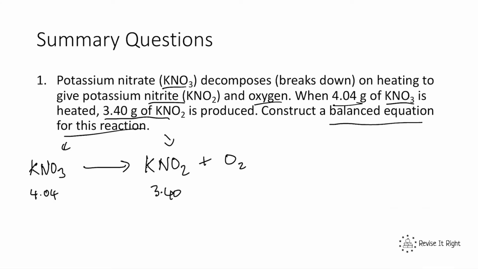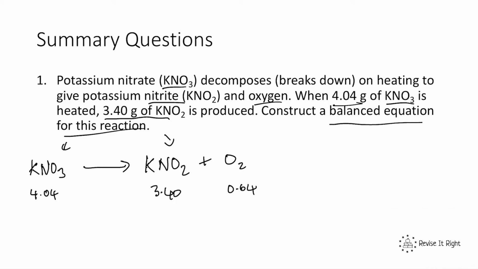Here we've got 4.04, and here we've only got 3.4. So if we do 4.04 take away 3.4, that gives us 0.64 left. So that must be the mass of oxygen formed, so that will be 0.64.